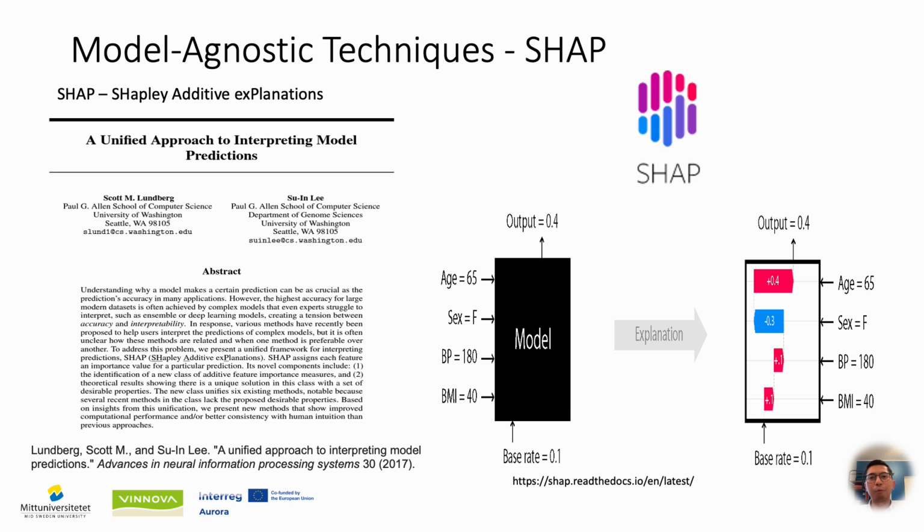It assigns a contribution score to each feature, showing whether a feature pushed the prediction higher or lower. For example, in this case, one feature contributes positively while another contributes negatively. In short, SHAP provides both the theory and the tools, a solid foundation from game theory, and an easy to use Python package for practical model explanation.